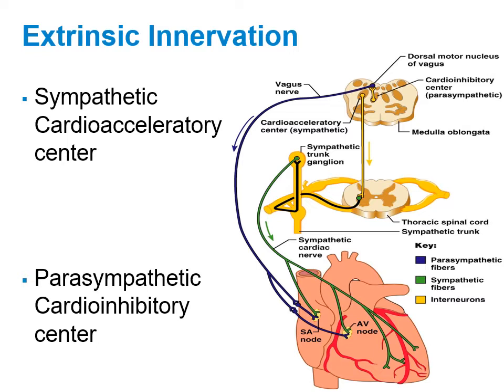Extrinsically, the heart is controlled by the nervous system. Nuclei in the medulla oblongata called the sympathetic cardioacceleratory center increase heart rate, while other nuclei in the medulla oblongata called the parasympathetic cardioinhibitory center decrease heart rate.